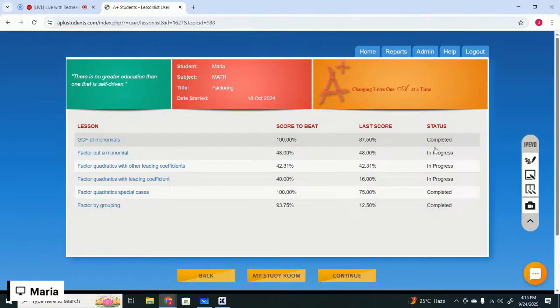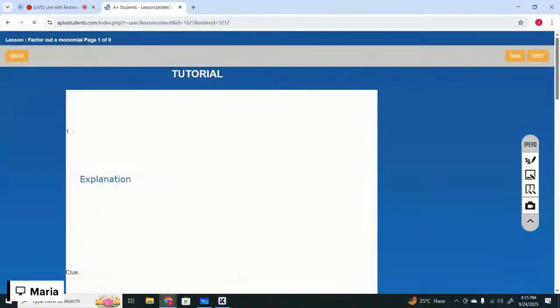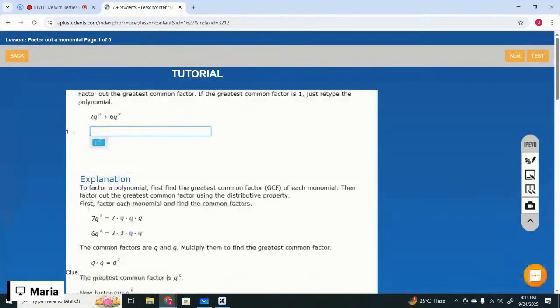Factor out a monomial. Factor out the greatest common factor. If the greatest common factor is 1, just retype the polynomial. 7q cube plus 6q square.